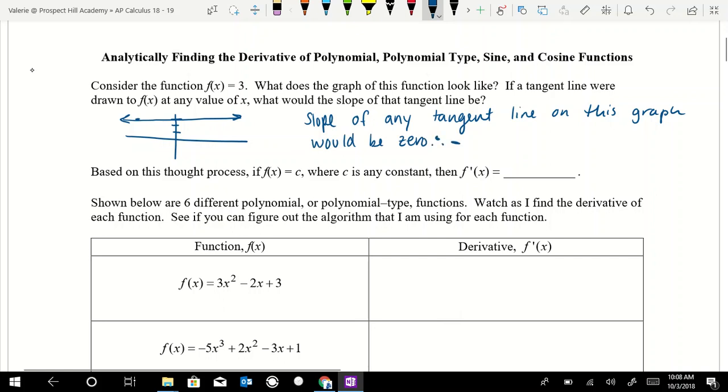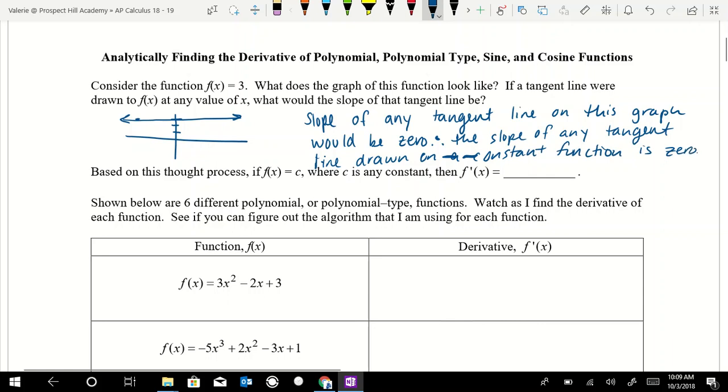Therefore, the slope of any tangent line drawn on a constant function is 0.